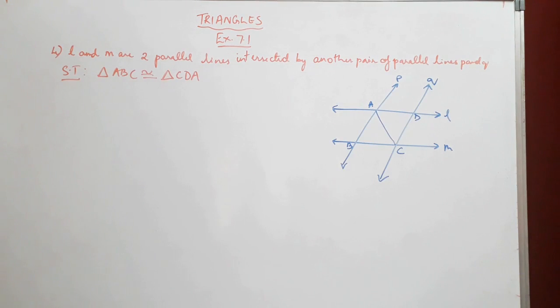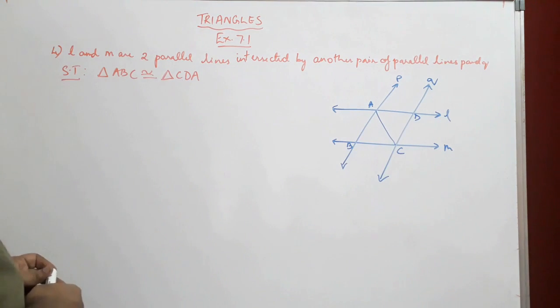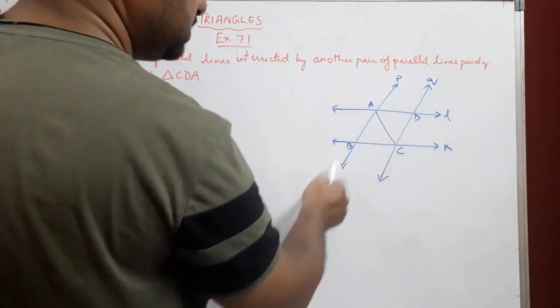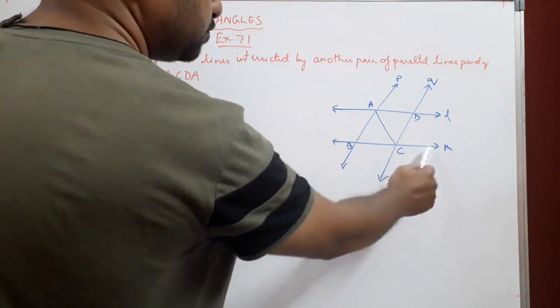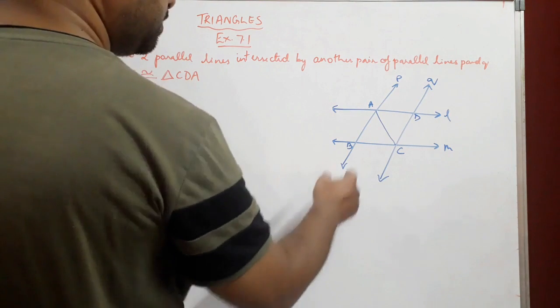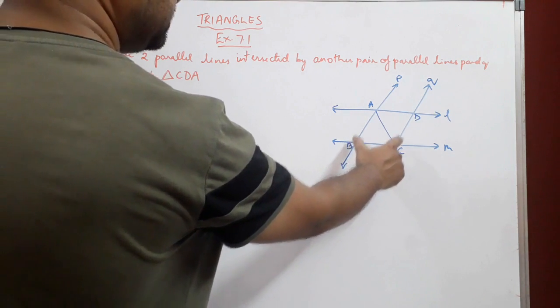In our next problem, we are given l and m are two parallel lines, intersected by another pair of parallel lines p and q. So this is parallel and these two are also parallel. We are asked to prove triangle ABC is congruent to triangle CDA.